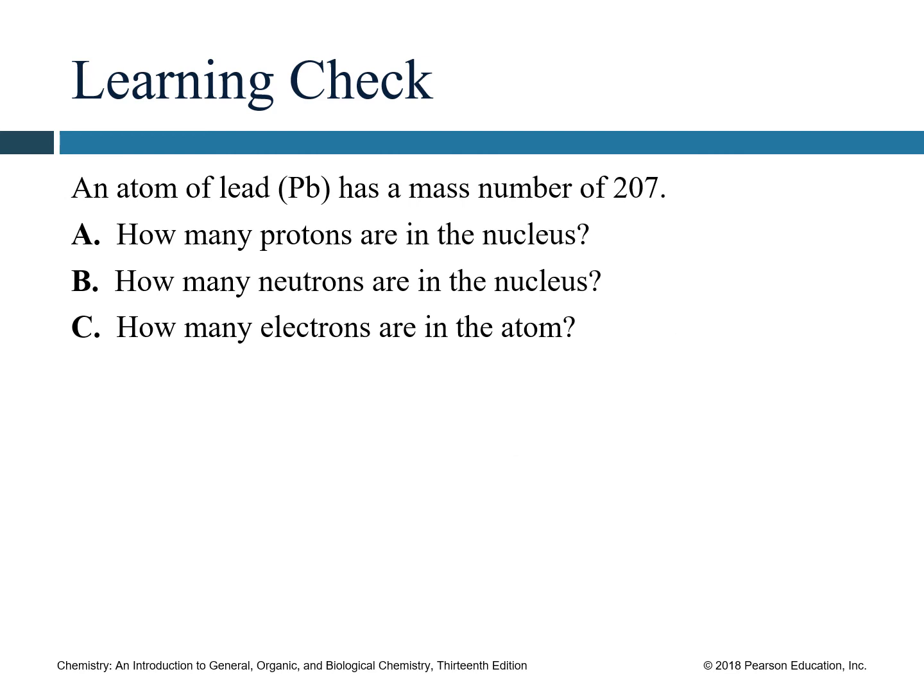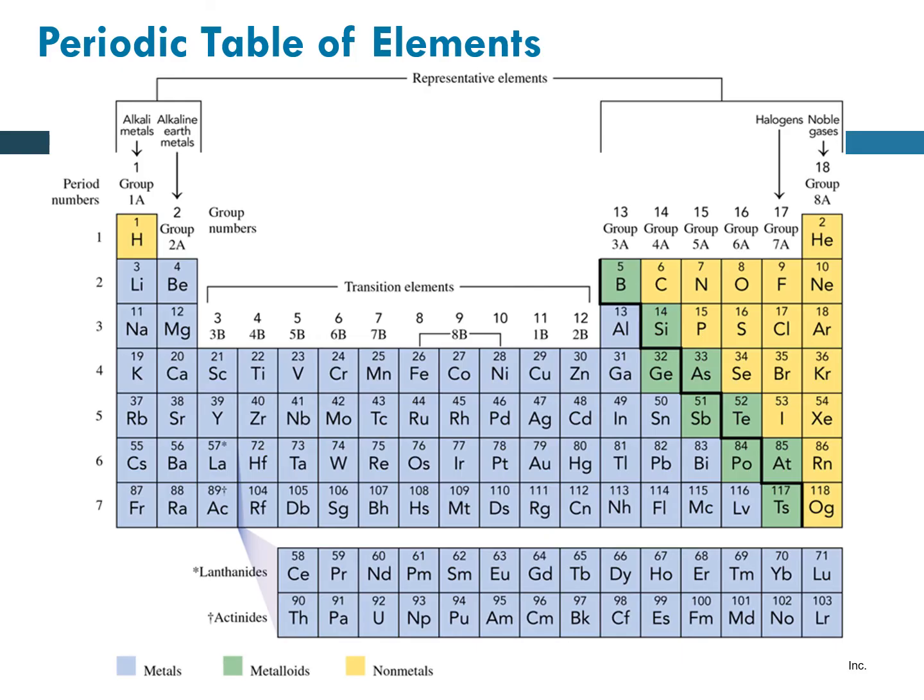For instance, if we are talking about an atom of lead that has a mass number of 207, how many protons are present, how many neutrons are present, and how many electrons are present in this atom? How can we do this? I know the mass number is 207. I need the atomic number of this element as well. How would you find that? You go to your periodic table.